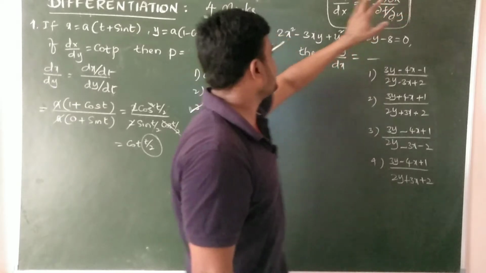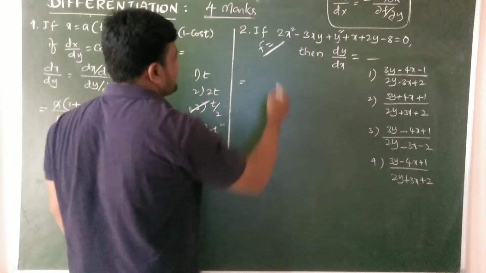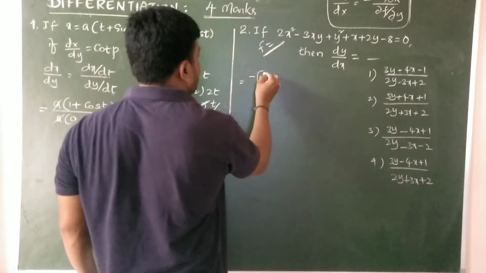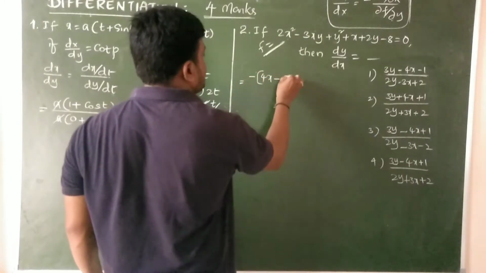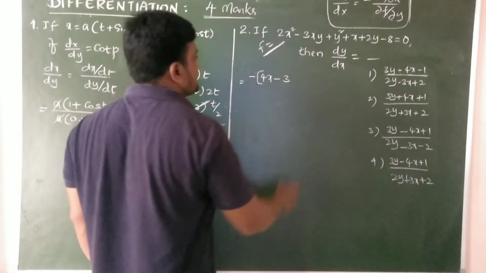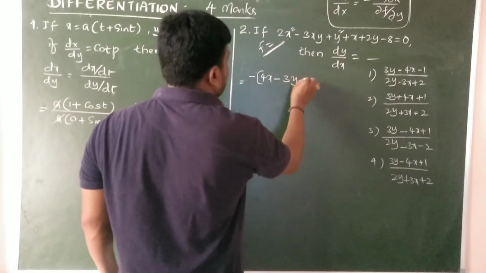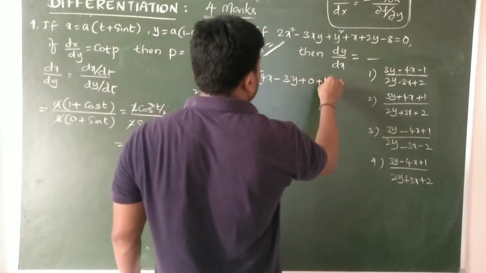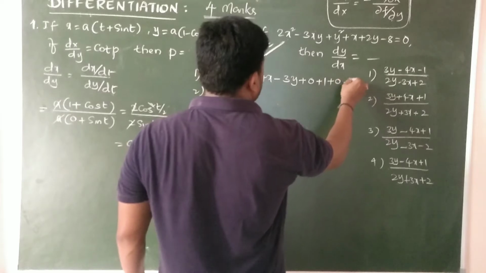Let us do dou f by dou x, with respect to x: it is 4x minus 3y, since y is treated as constant, plus 2 is 0, plus 1, plus 0, minus 0.